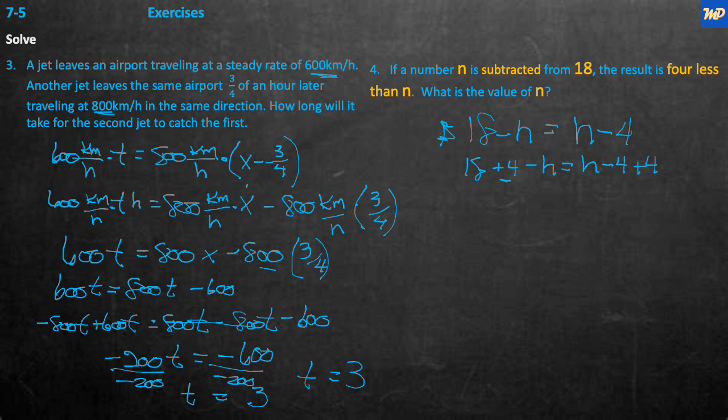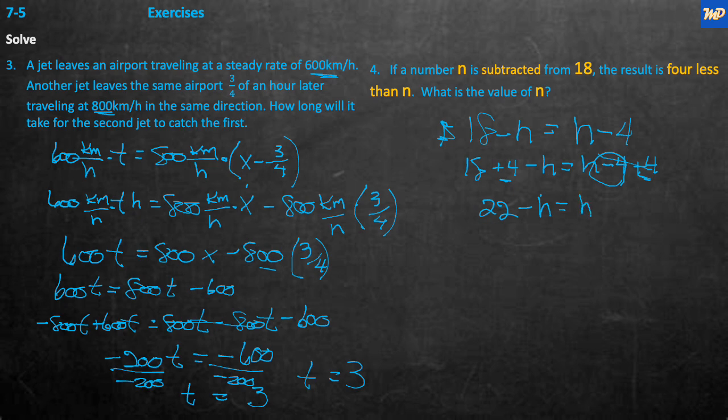There's the plus 4 on both sides to get rid of the minus 4 right here. These cancel, and you're going to have 18 plus 4 is 22 minus n is equal to n.